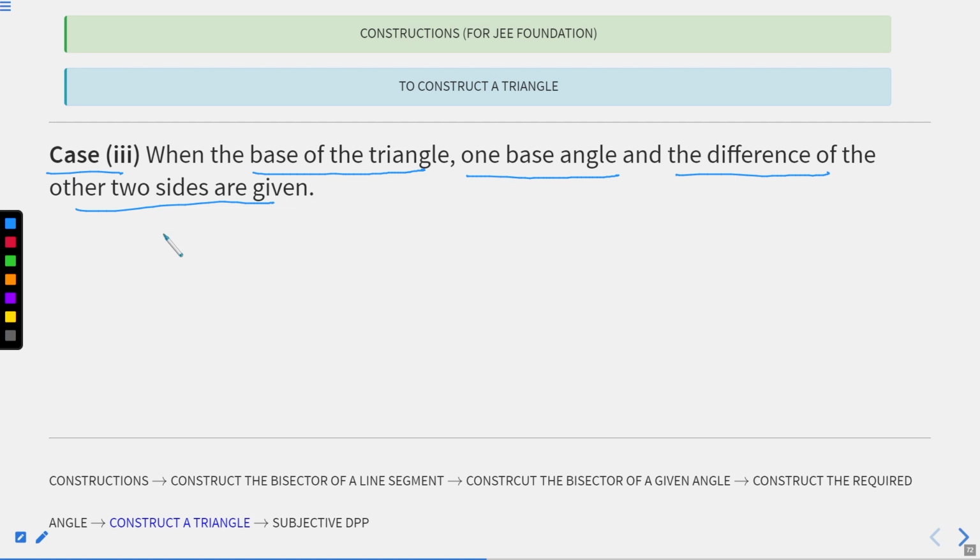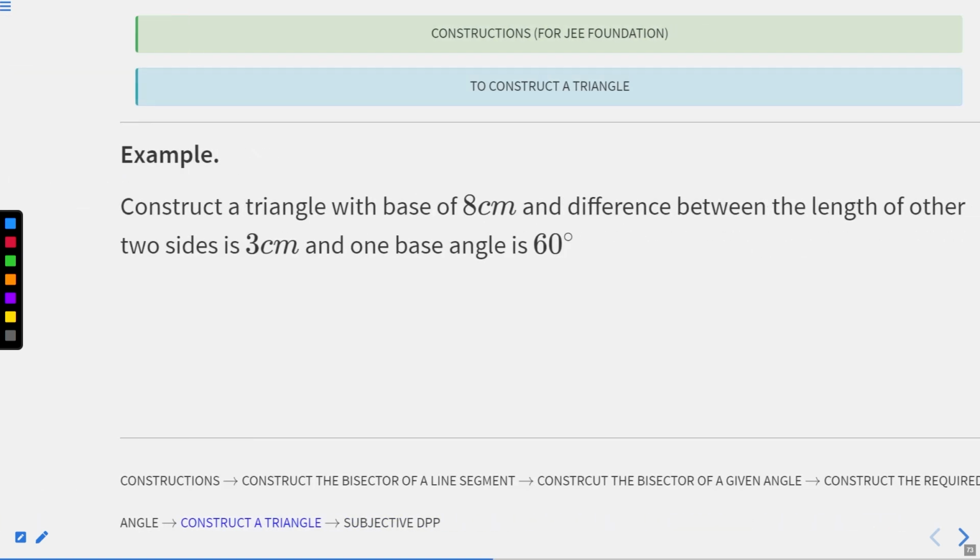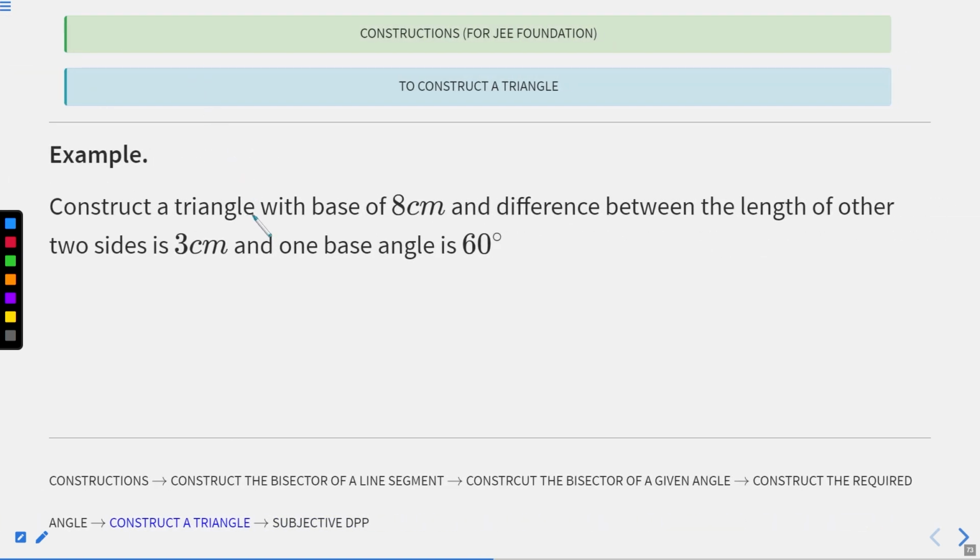So let's jump into our first example, to see how we are going to construct such a triangle. In this example, the base of the triangle is 8 centimeters. The difference between the other two sides is 3 centimeters, and we have one base angle of 60 degrees.